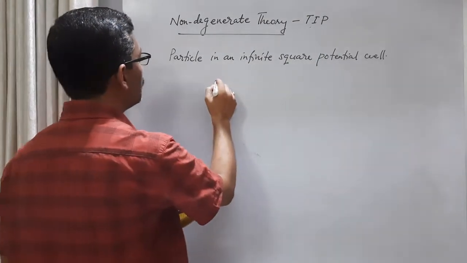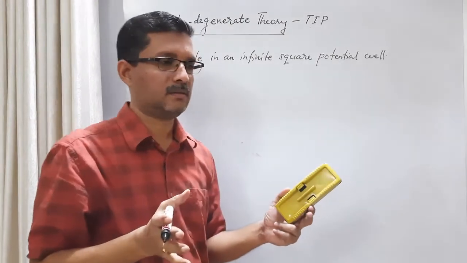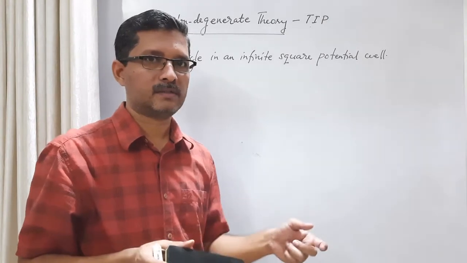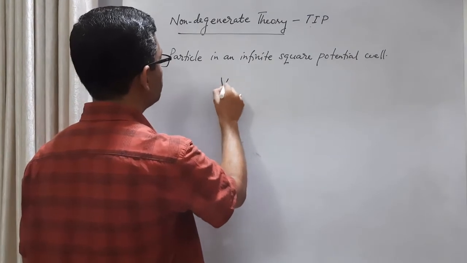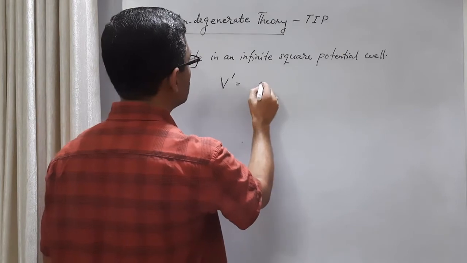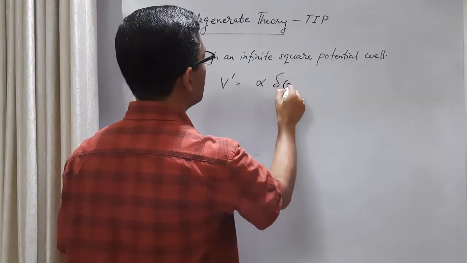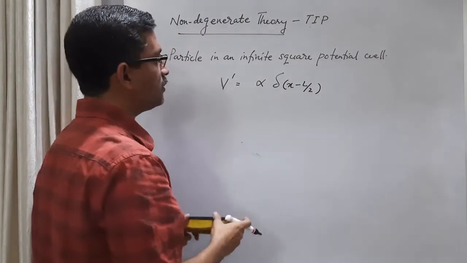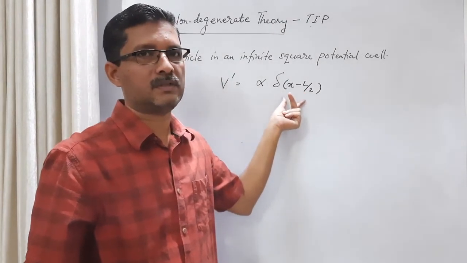This time, I am using the same geometry, that is the width is L and the walls are at x equal to 0 and x equal to L. Now this time, the perturbation is some constant times, alpha is some constant, a Dirac delta function which is peaking at x equal to L by 2. Okay, what is the importance of x equal to L by 2?